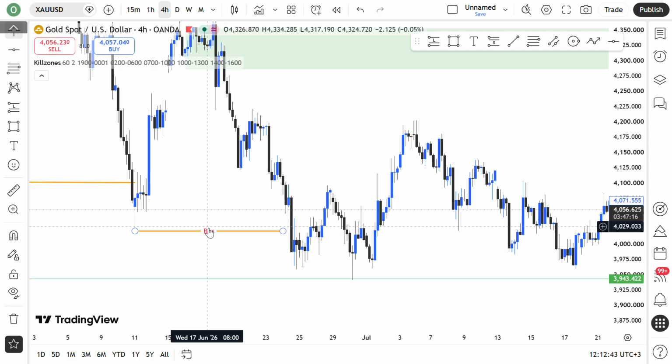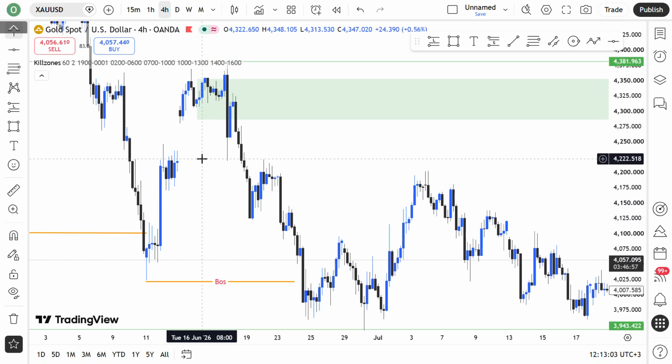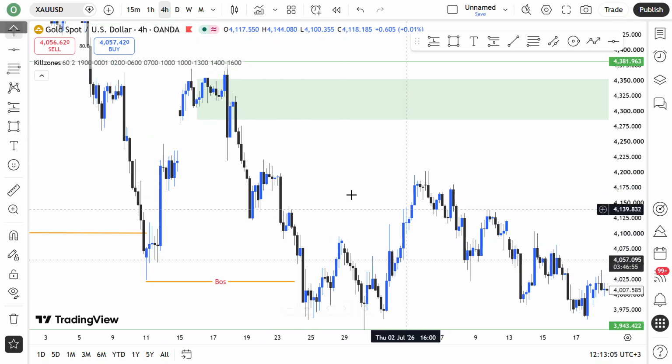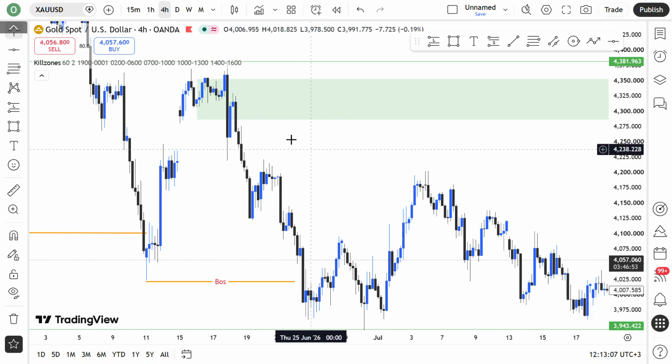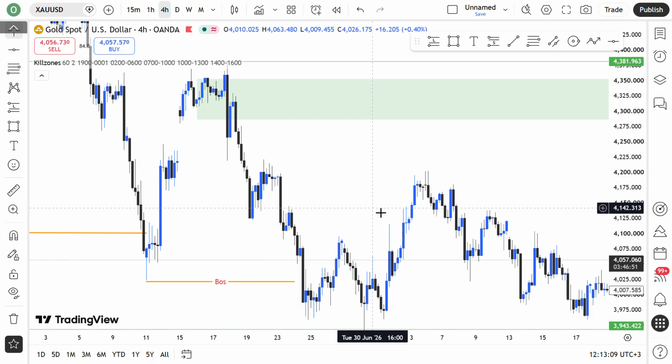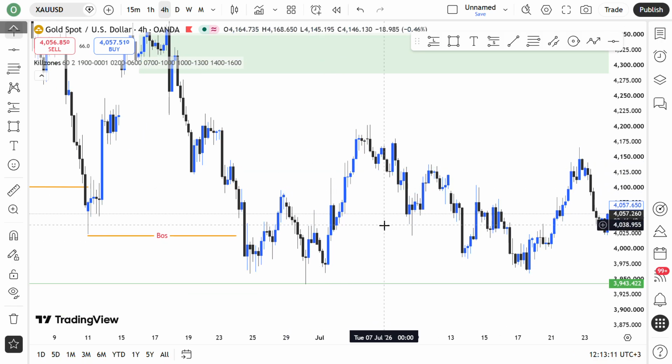Remember, whenever we see external liquidities are taken out, we are going to expect to see internal liquidities taken out also. So on a 4-hour time frame, after this break of structure has happened, we are expecting price to come in and take all the fair value gaps lying on the current trading range.